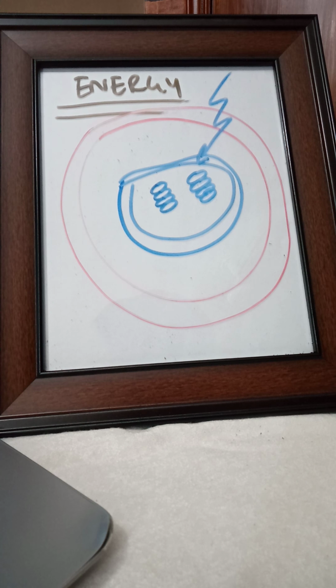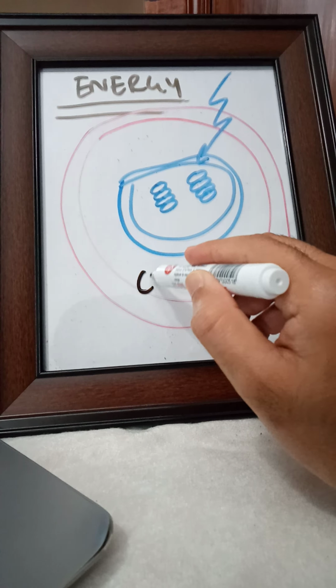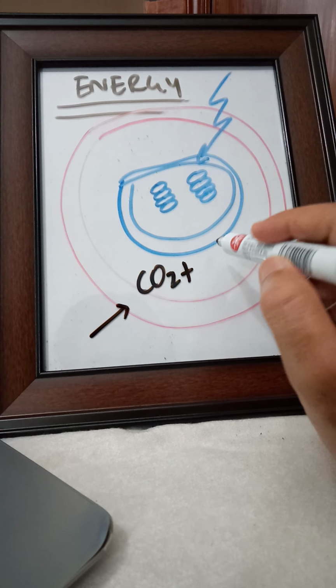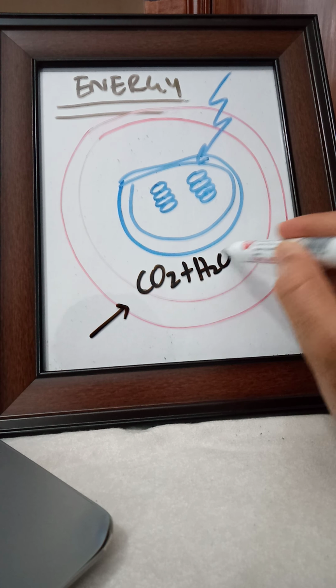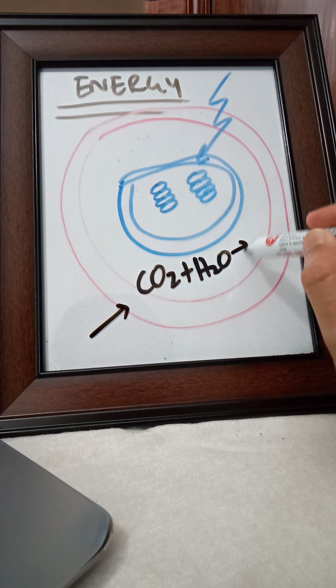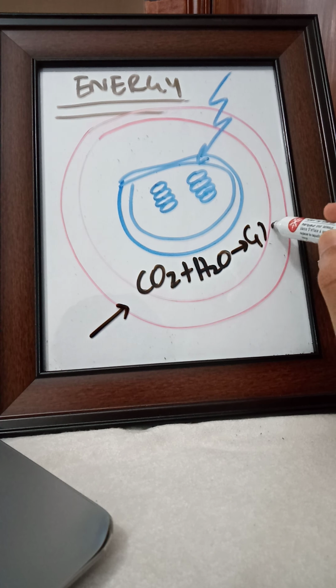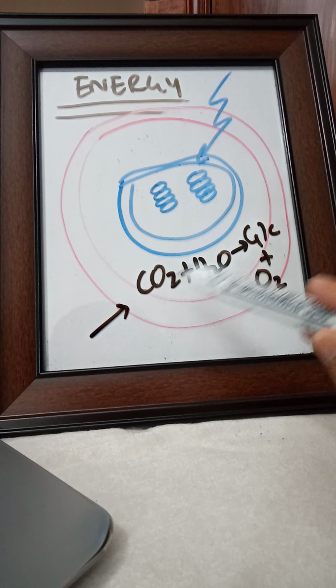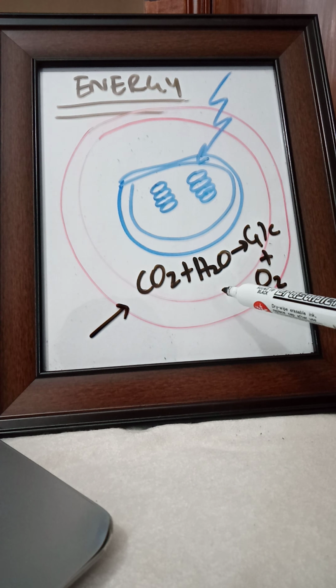By using carbon dioxide, which the plants absorb through the leaves, and then they absorb water from the roots, and energy is coming from the sunlight, and as a result they are producing glucose plus oxygen, and this oxygen they liberate out in the environment, which is very, very important for us. So it is exactly the opposite reaction to what was happening in the mitochondria.